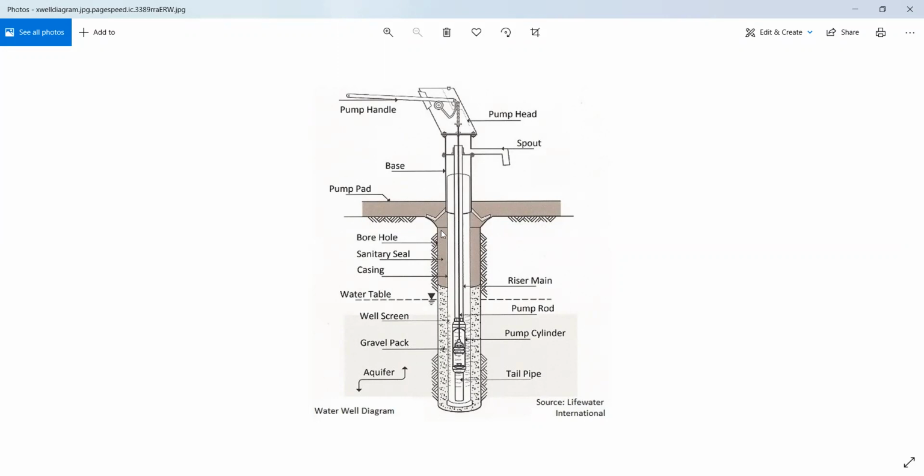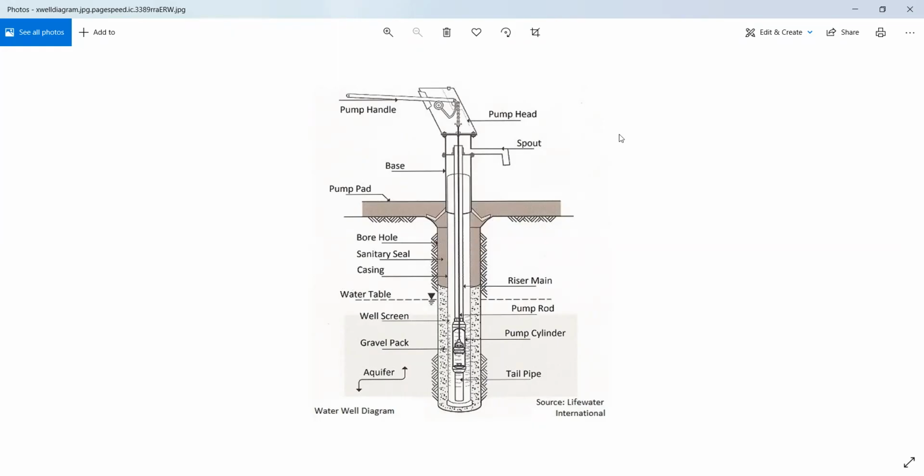Sanitary seal is provided at the side of that casing to prevent deterioration or contamination of the water, or rusting of that casing. So it's a borehole. The pump head is also provided at the upper end. So it's basically the schematic diagram of the tube well.